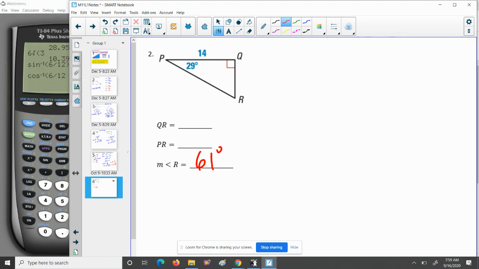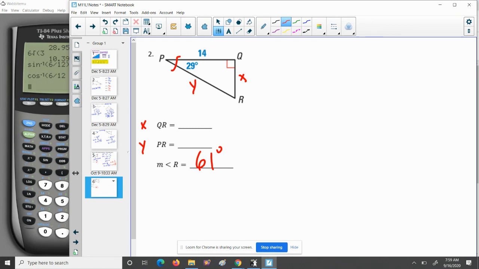Now, I'm going to label these as X and Y to make it a little easier when we're setting up our ratios. So QR is our X, PR is our Y. Let's solve for QR, which we've labeled X, first. Looking at 29, X is opposite, and 14, which was given to us, is adjacent.